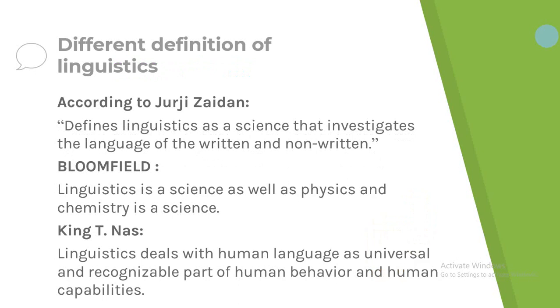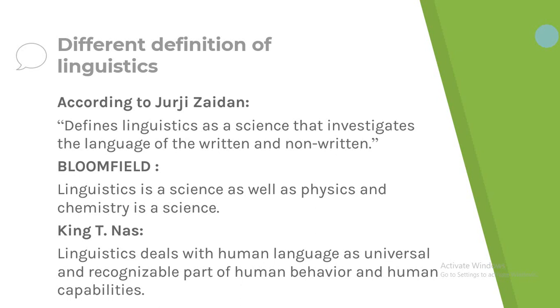According to different linguists, there are different definitions of linguistics. According to George Zedon, linguistics is a science that investigates the language of the written and non-written. Sometimes language is written and sometimes it is non-written.